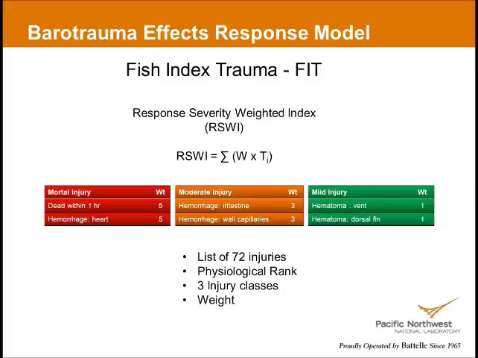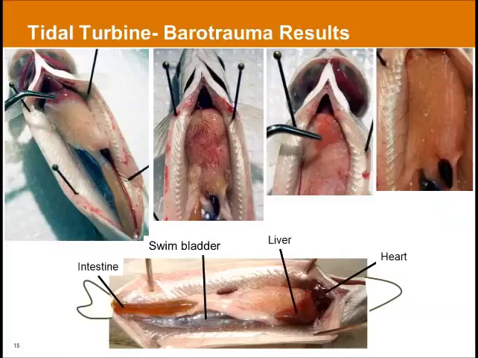Each of those groups was given a mathematical weighting. So when I would look at a fish, we would have a severity score. If a fish had a hematoma on its fin, was it just a little tiny hematoma, or was it one that kind of took over the whole fin? That was given a severity score.